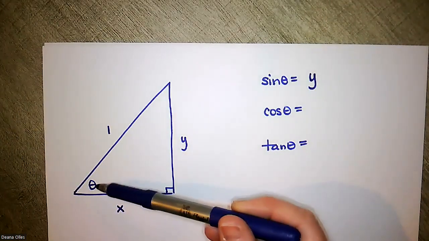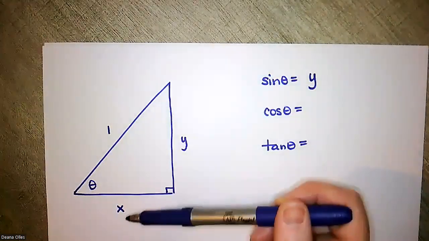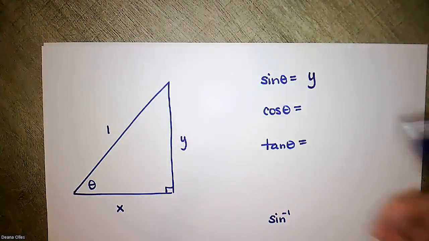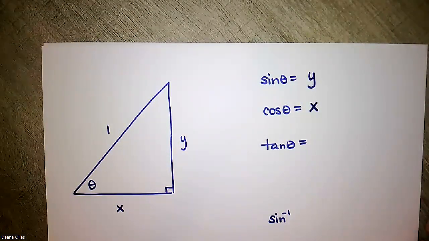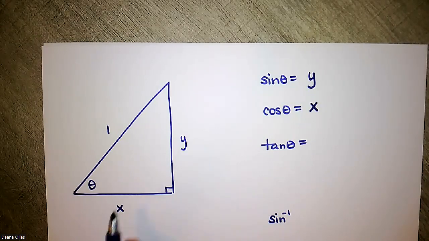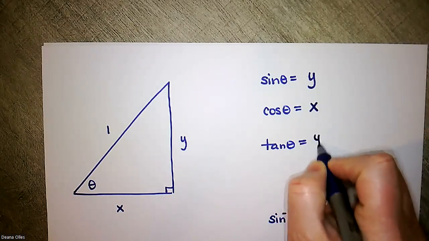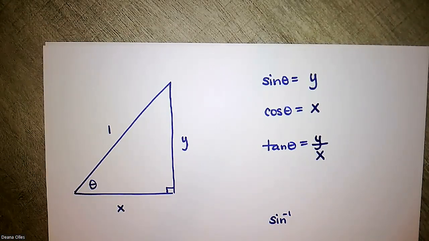Cosine would be adjacent over hypotenuse, so x over 1, which is just x. And tangent would be opposite over adjacent, so y over x. Don't forget, that's the same thing as rise over run, which is slope, and tangent we think of as meaning slope.